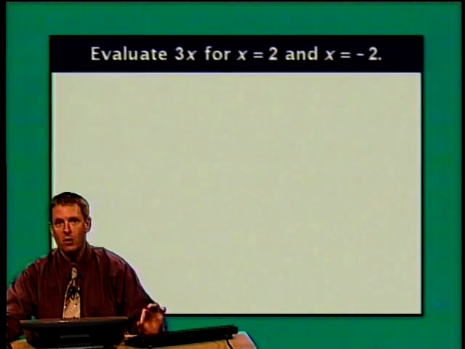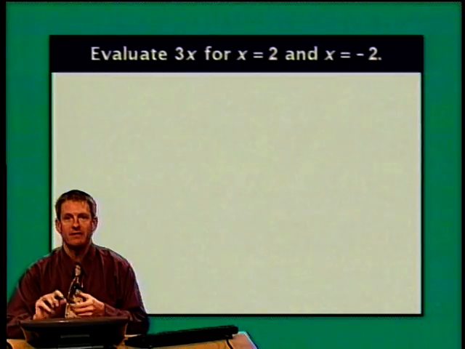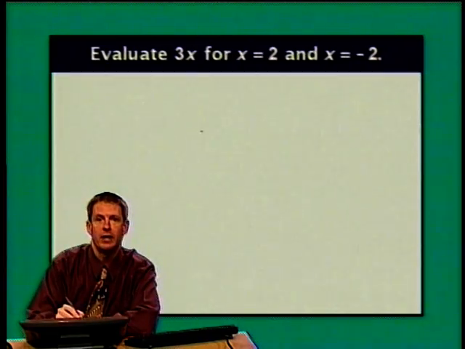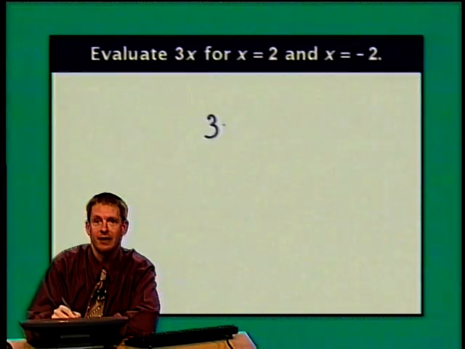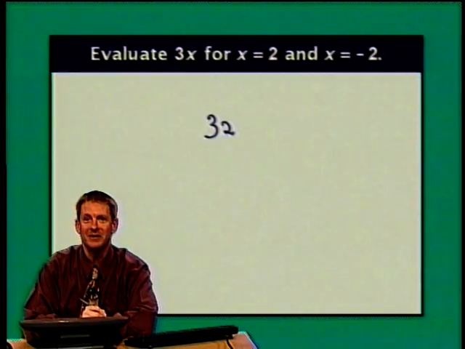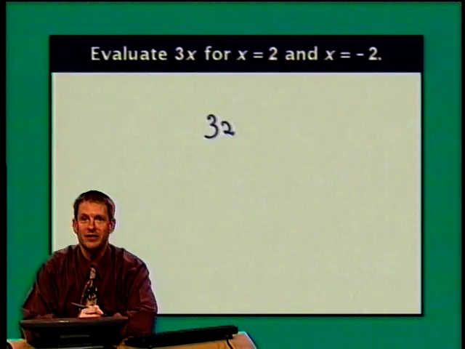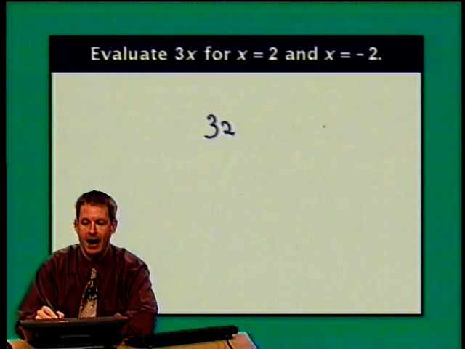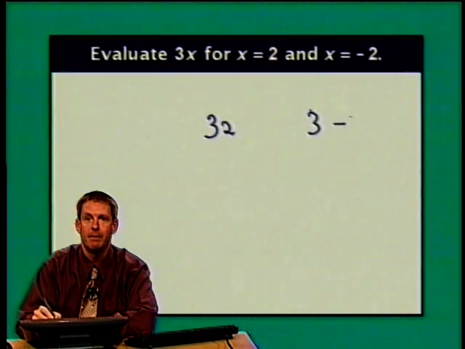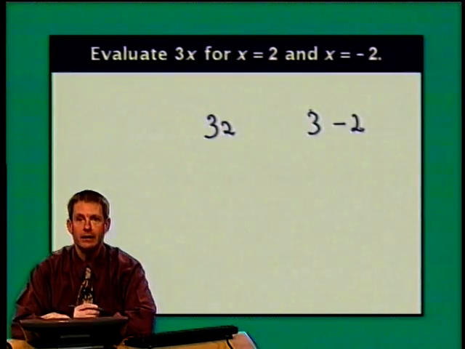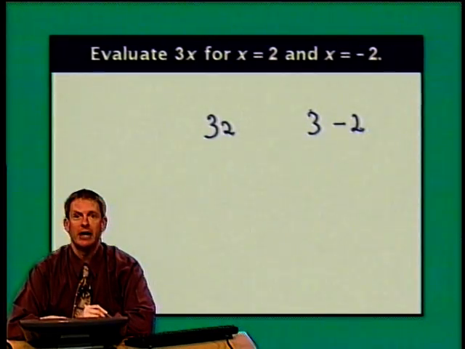But it's a little more complicated than that, because if I take this expression 3x and I just write down 2 instead of x, I have the number 32. And similarly, if I write down negative 2 instead of x, I have the expression 3 minus 2. Neither of these accurately reflect the meaning of 3x.